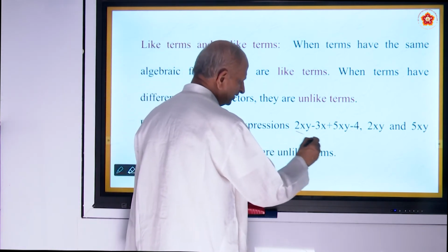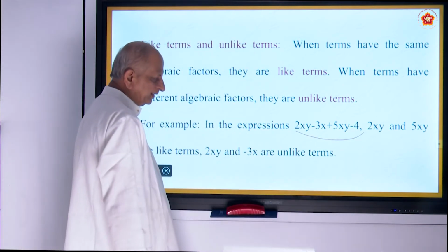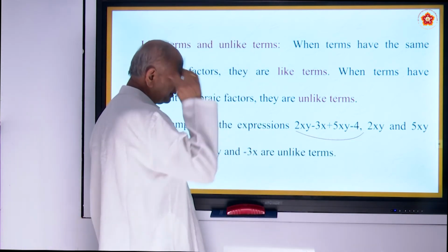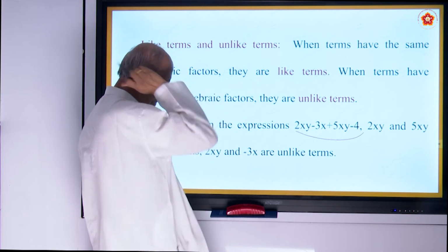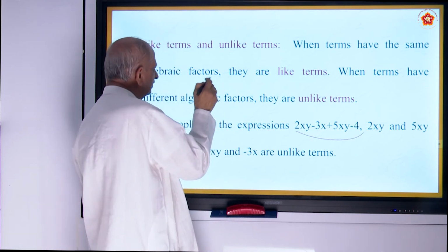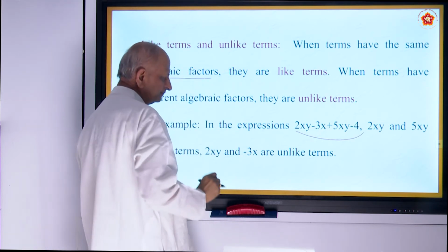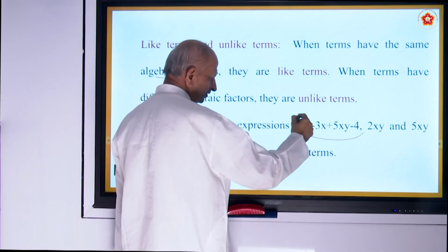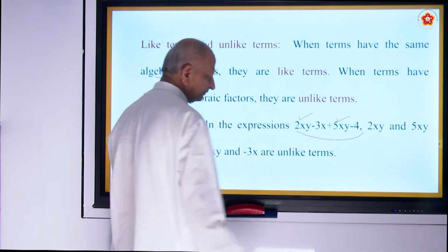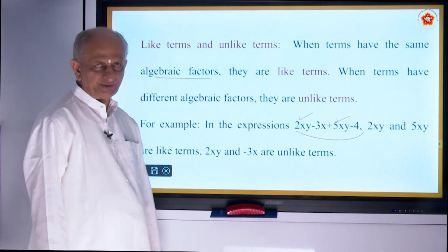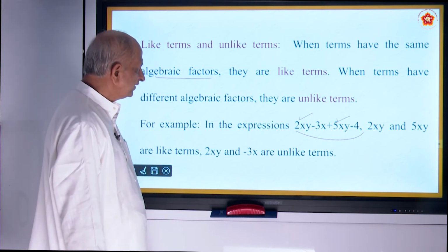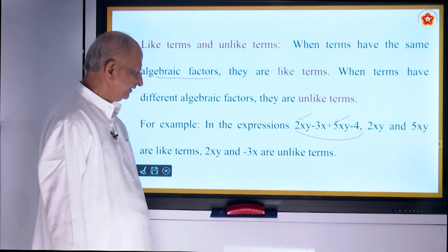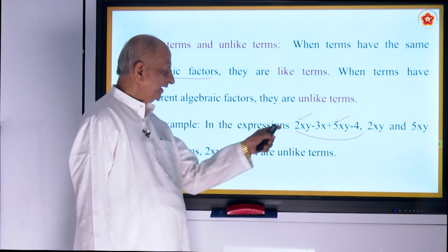What kind of expression is it? Polynomial, because there are 4 terms. Can you see terms which have the same algebraic factors? Yes, 2xy and 5xy. They have the same. So, when the terms have the same algebraic factors, they are called like terms.